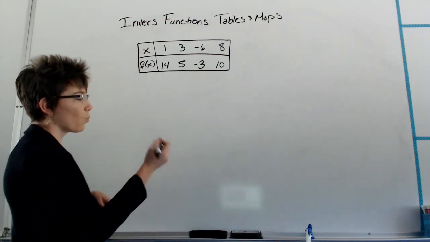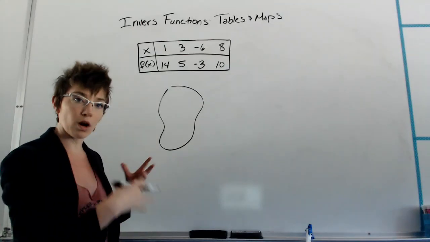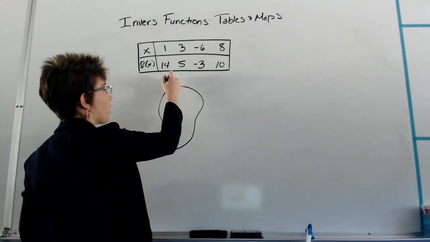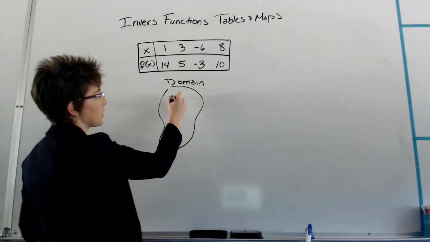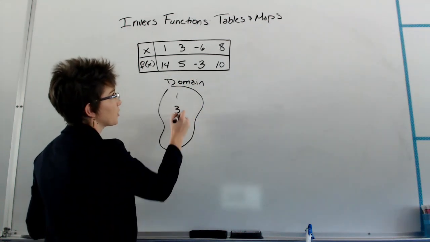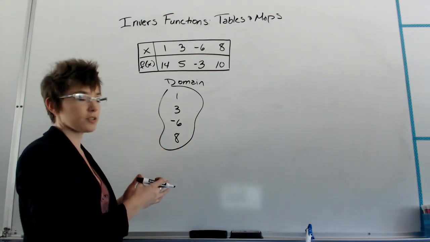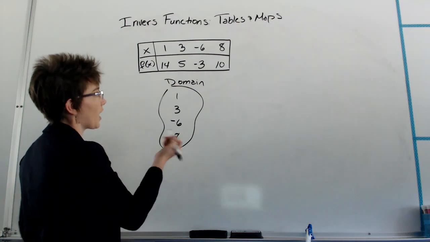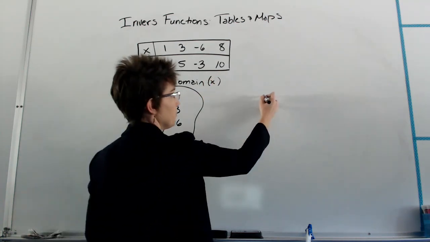Okay, so what I would like to do first is kind of represent this more visually for us. So I'm going to write our domain here and just try to understand this as a function that maps one set over to another set. So here's our domain. It has all the inputs, which are x values, right? So these are your x's, okay?